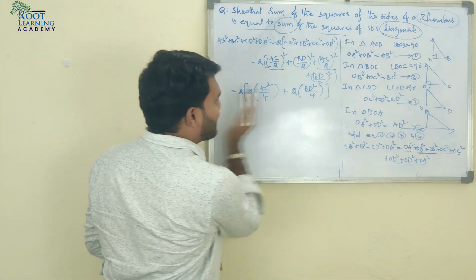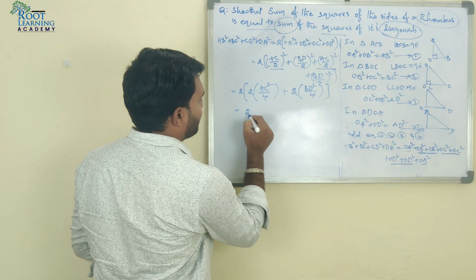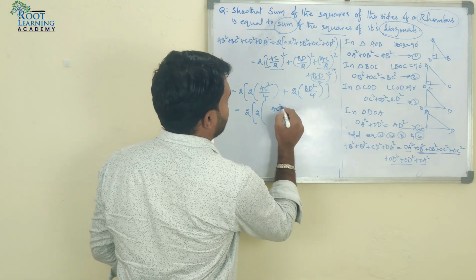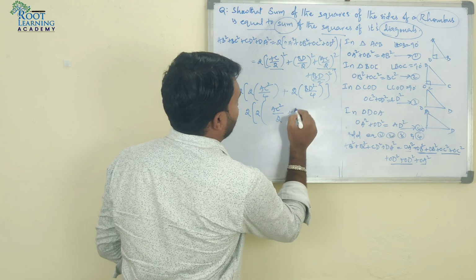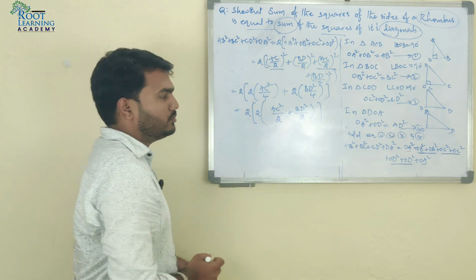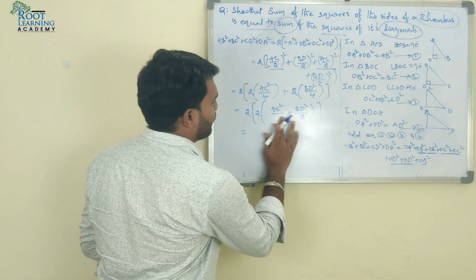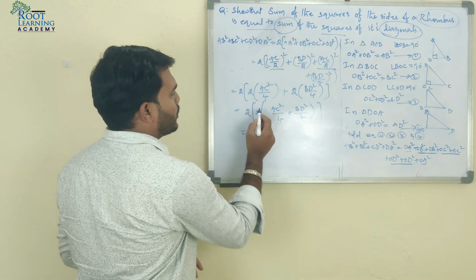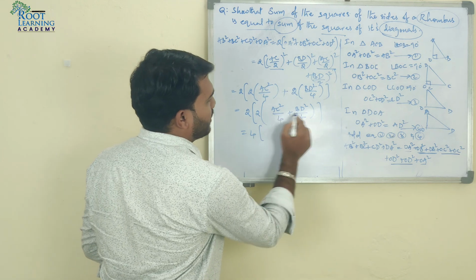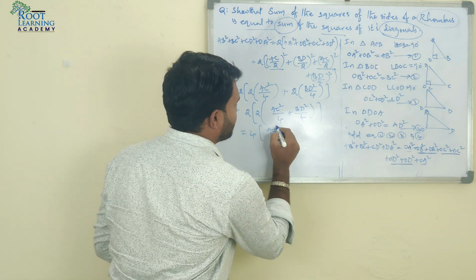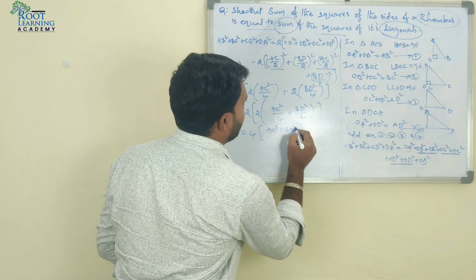Now this 2 is separated from here: 2 of AC square by 4 plus BD square by 4. Two 2s are 4. Both the denominators are same, so the LCM is 4, and the numerator is AC square plus BD square.